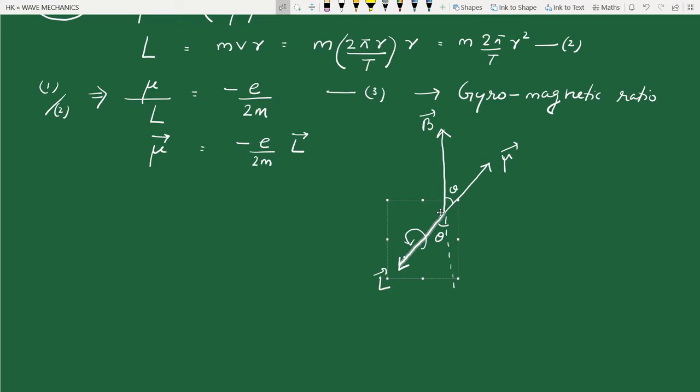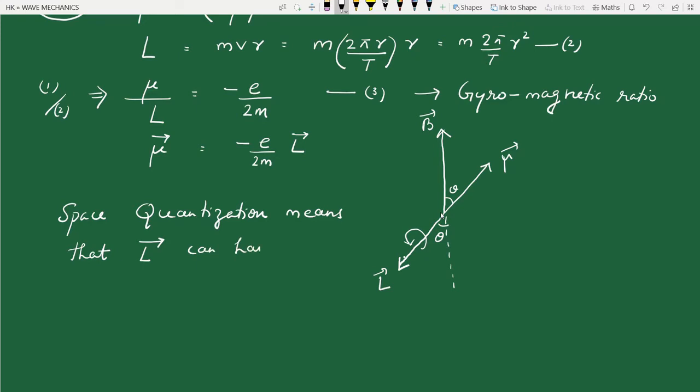That is, the direction of orbital angular momentum is quantized. That is the meaning of space quantization. Space quantization means that the orbital angular momentum vector can have only certain specific directions in space.